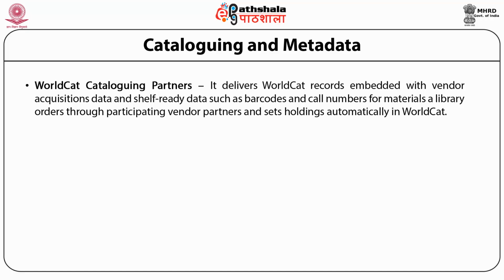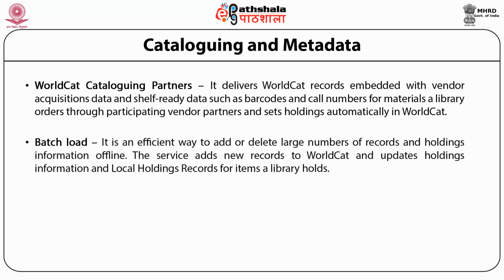That saves time for the libraries. Now, batch load is another important service related to library housekeeping operations. It is an efficient way to add or delete large numbers of records and holdings information offline. The service adds new records to WorldCat and updates holdings information and local holdings records for items a library holds.